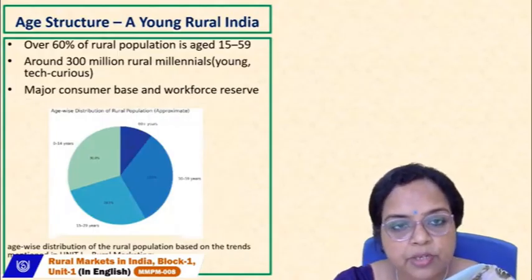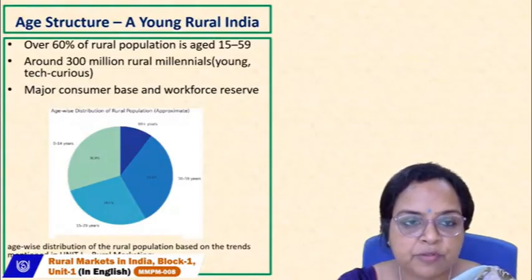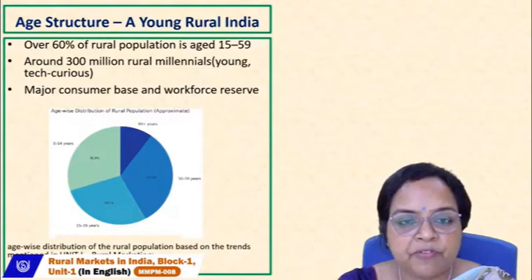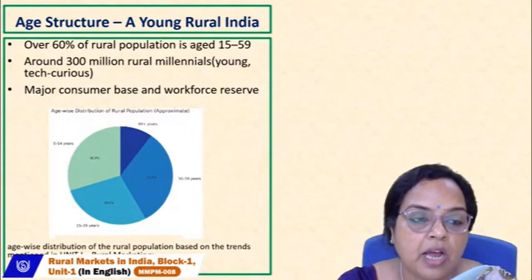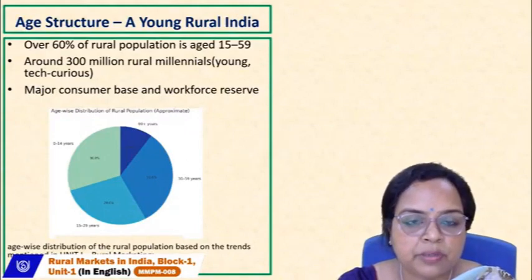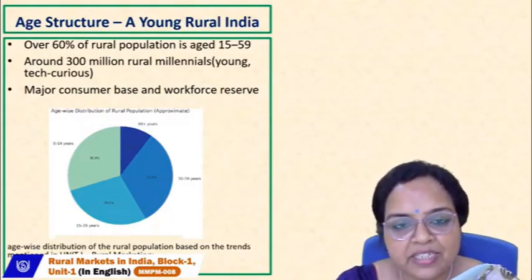Age structure, young rural India. If you go by the pie chart, over 60% of the rural population is aged between 15 and 59. It is referred to as a young age of people, so it is known as young rural India. Around 300 million rural millennials, young and tech curious, because their age is like that.